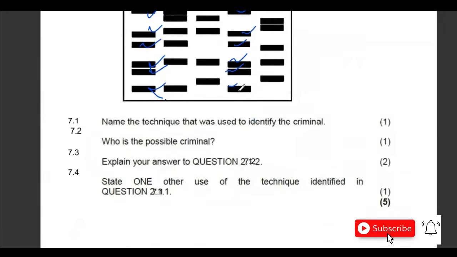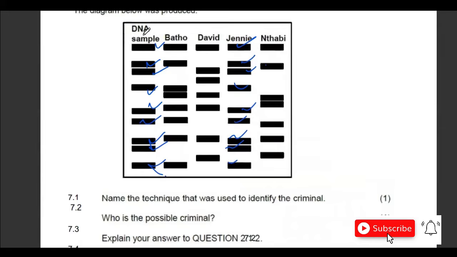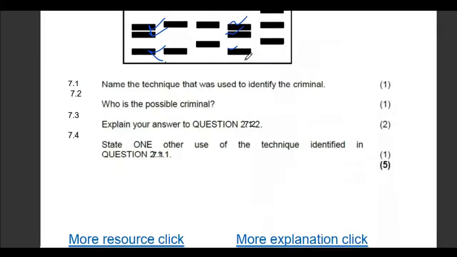We have seen it is Jenny, because the bands of the DNA sample profile are matching with the profile of Jenny.